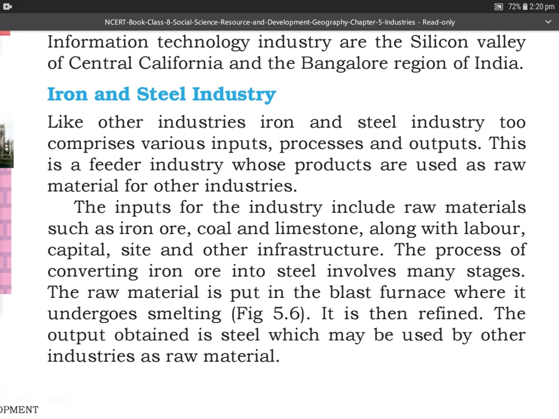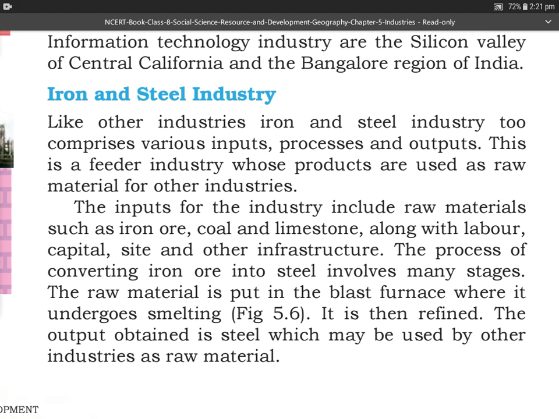The process of converting iron ore into steel involves many stages, right? You remember in iron smelting in history you learned how they were making wootz steel. In a furnace they were putting the iron ore, and with the increased temperature they were heating that iron and getting iron. So the same process is here but in machineries.